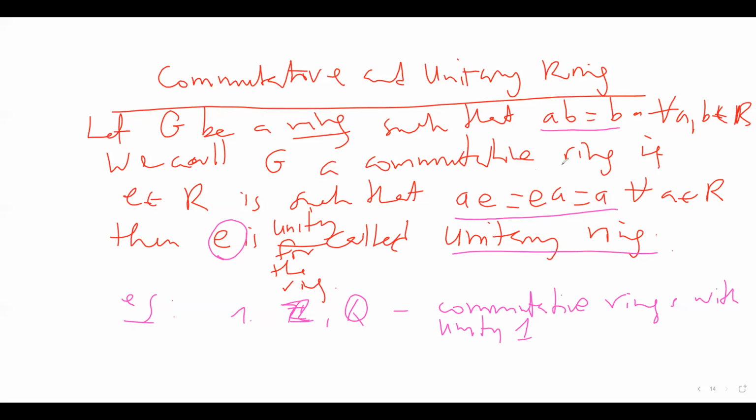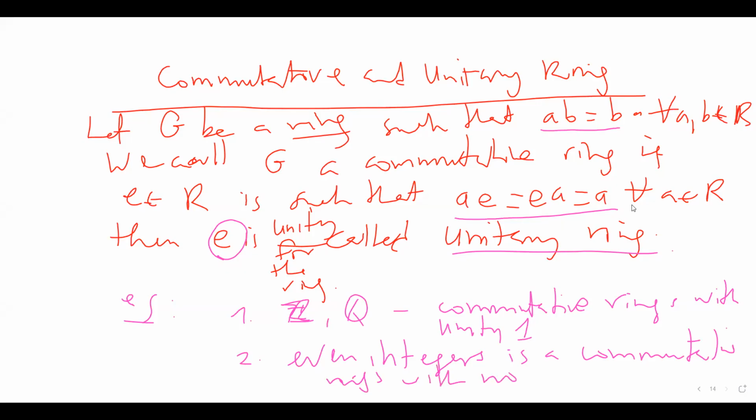A second example is the ring of even integers, which are also commutative rings with no unity.